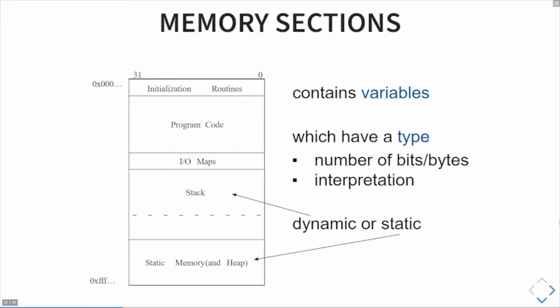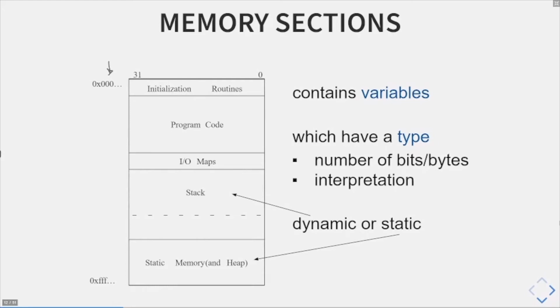Those memory locations are addressed with a memory address, some hexadecimal value. We divide this memory into so-called sections that are mapped during the compilation process for a C program.